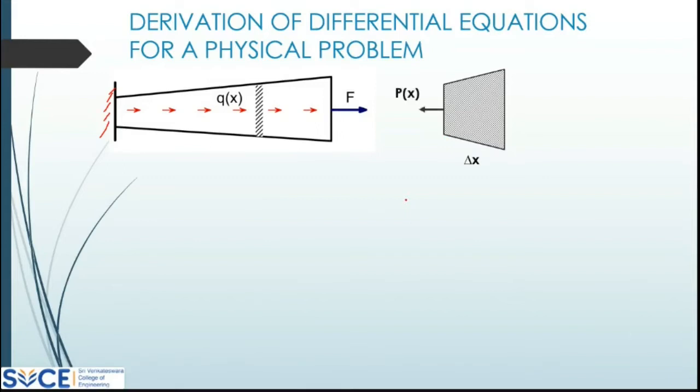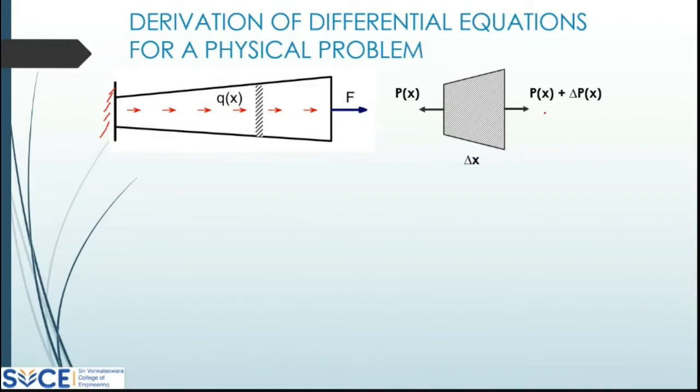Now, on one side, I have a reaction force P of X. On the other side, I have a force of P of X plus del P of X. Why we put del P of X is because this object is deflecting. It is not an engineering mechanics problem, a rigid body problem. For a rigid body, reaction is equal to the force acting, right?